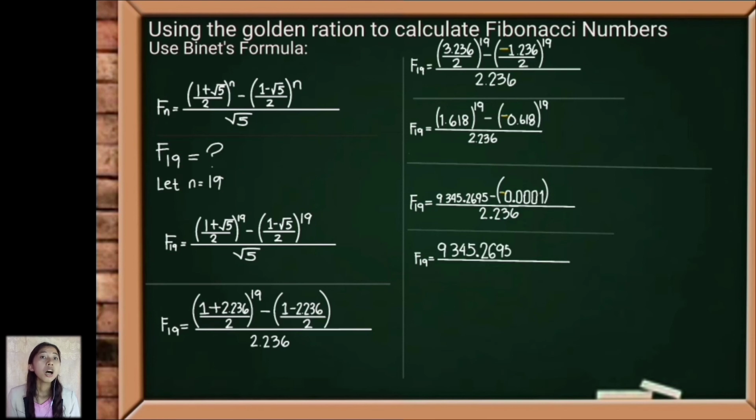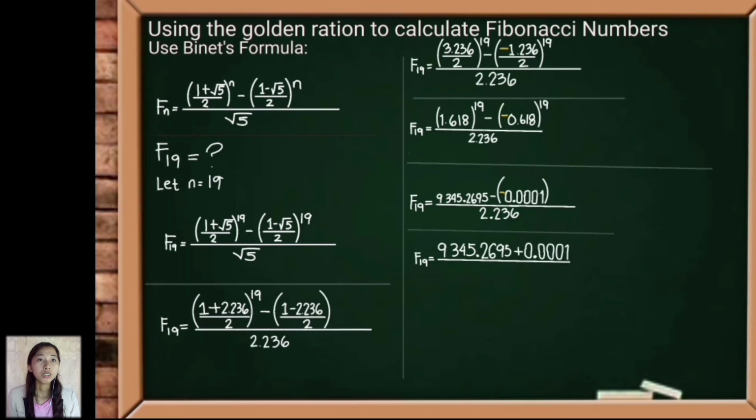Why? Again, we have to multiply negative times negative, and the answer would be positive. Okay, so it became positive, so plus 0.0001 all over 2.236. Simplify.